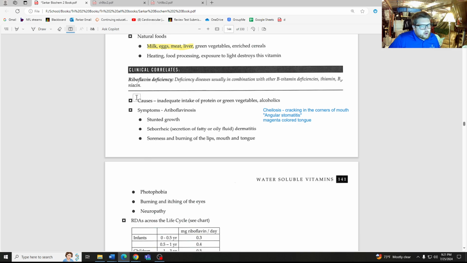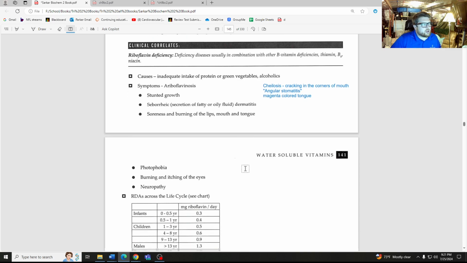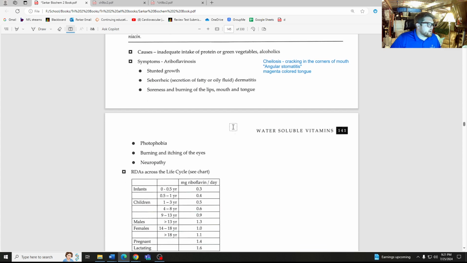Some of the causes of riboflavin deficiency: inadequate intake of protein or green vegetables, as well as alcoholism. You'll see that's a common theme. Alcohol inhibits absorption. The symptoms: you'll get stunted growth, seborrhea, so secretion of fatty or oily fluid, dermatitis, soreness and burning of the lips, mouth, and tongue, photophobia, burning and itching of the eyes, as well as neuropathy.